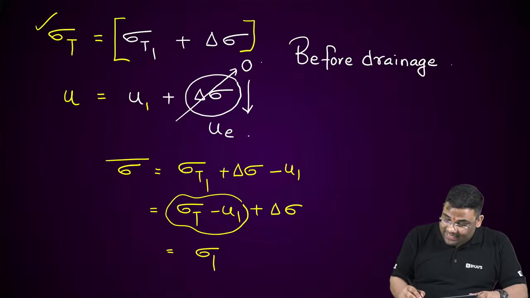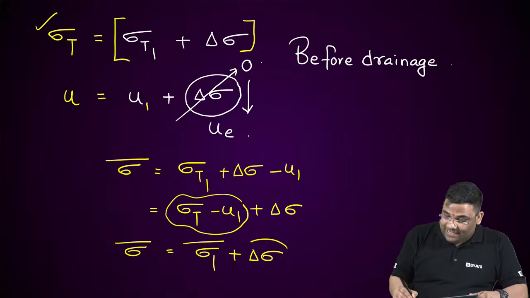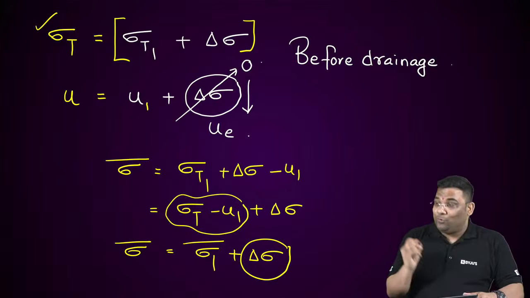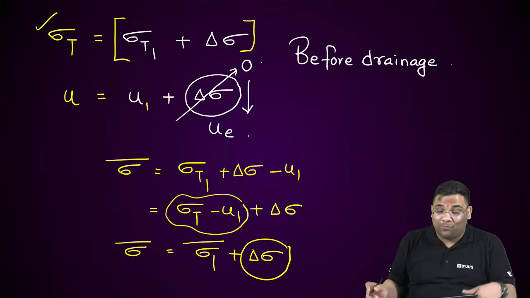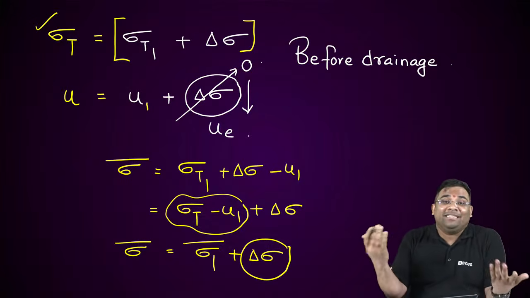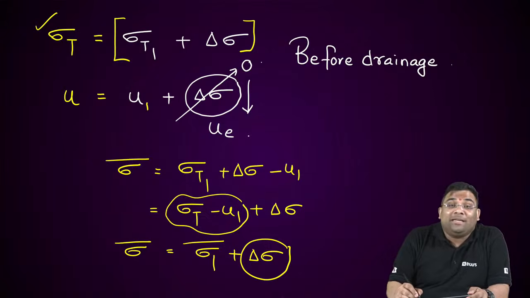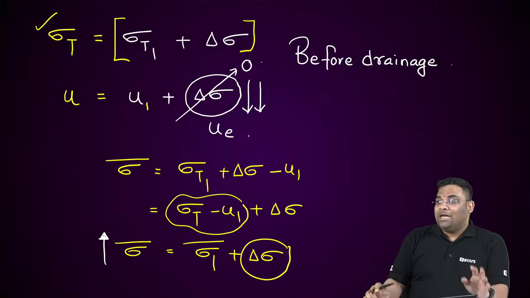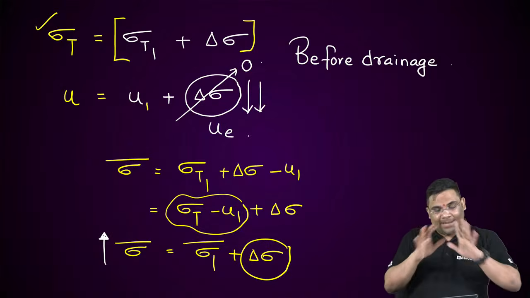So I can say the initial effective stress increased by delta sigma. So during the process of consolidation, the excess pore water pressure decreased and effective stress increased. Understood? Now let us understand all these things I've already explained to you.